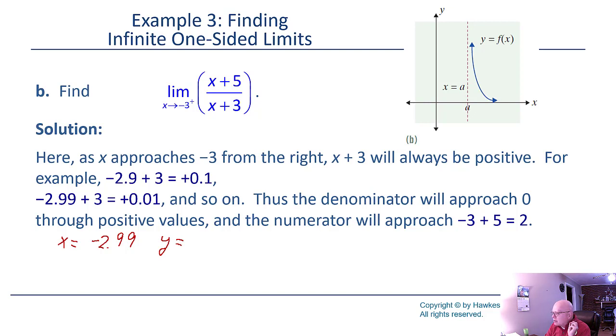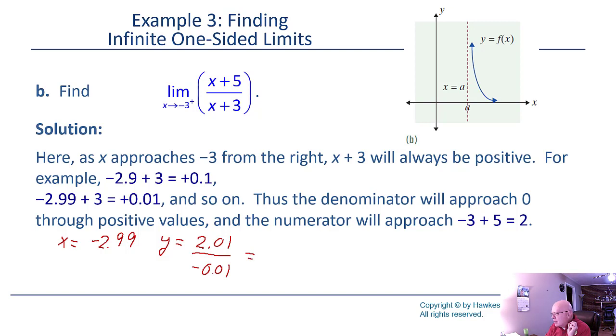Add the 2.99 to the 5. What do you get? That's almost 3, so 2.01 over, then 3 plus that would be a -0.01.